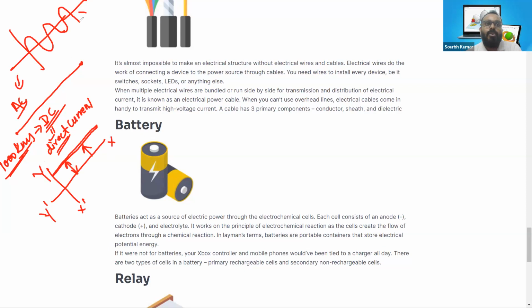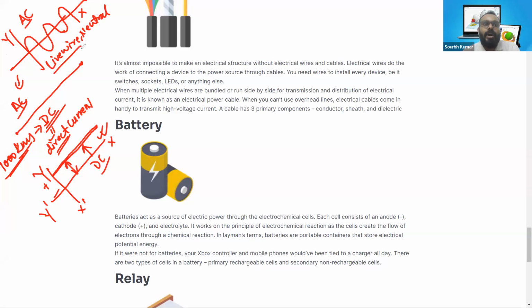If we look closely, DC always stays constant throughout the flow, and it has two polarities, positive and negative, but AC does not have any specific polarity. We call them live wire, neutral wire or earth wire.